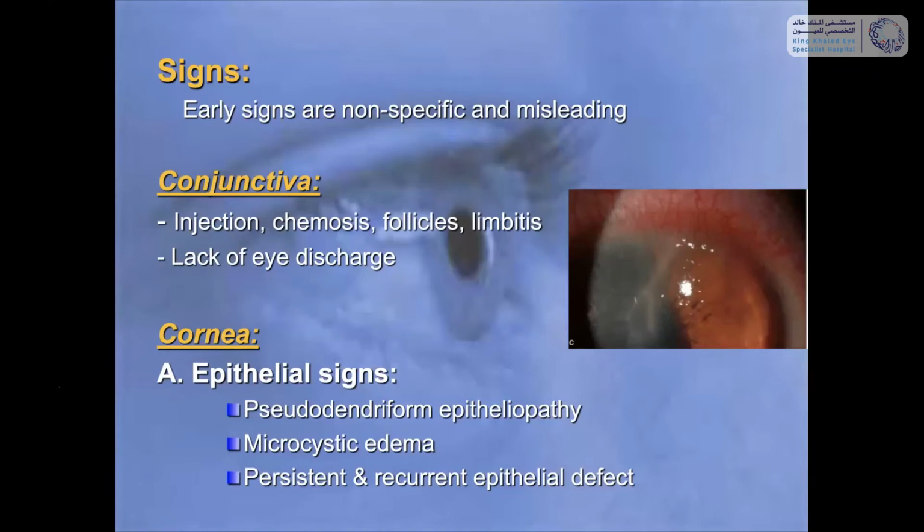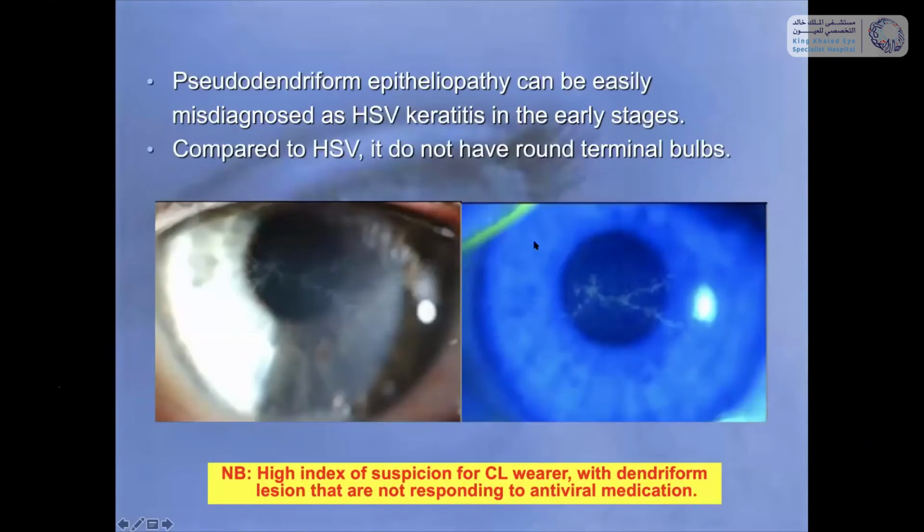The epithelial sign which presents with Acanthamoeba is usually pseudodendriform epitheliopathy, or sometimes they present with microcystic edema or a recurrent epithelial defect. This is what we mean by the pseudodendriform epitheliopathy.